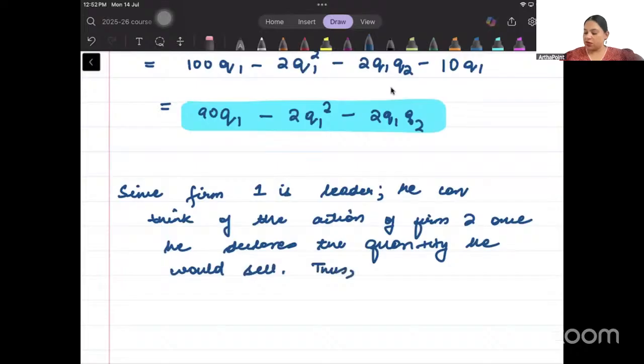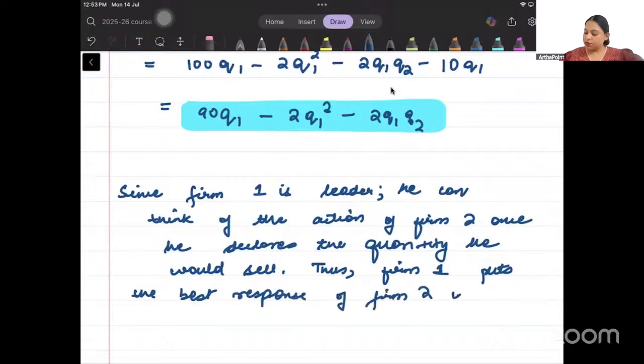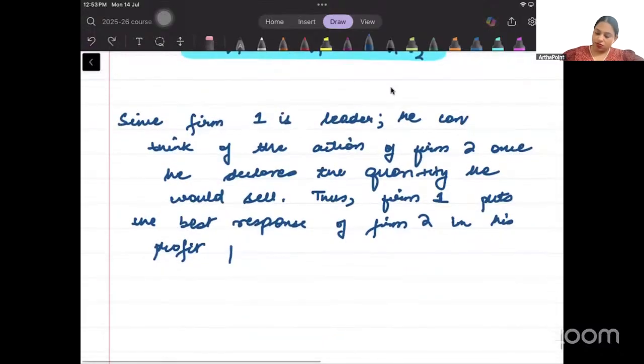Thus, firm 1 puts the best response of firm 2 in his profit function. In his profit function, right? I hope this is making sense.